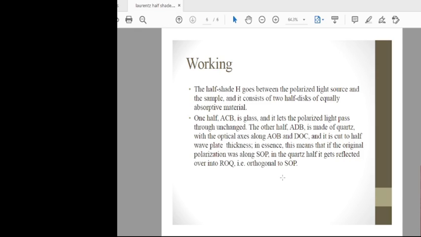The values which we get, we put in the formula for specific rotation, and that formula is theta equals alpha L C, and by simplifying it, S equals 10 theta divided by L, where L is in centimeters and C is concentration in gram per cubic centimeter.